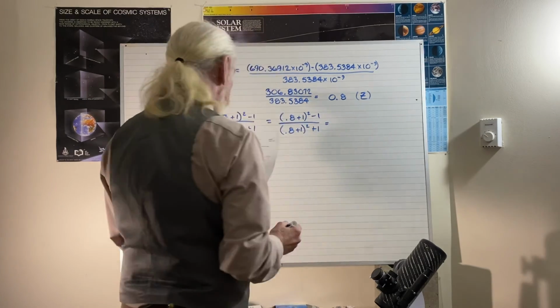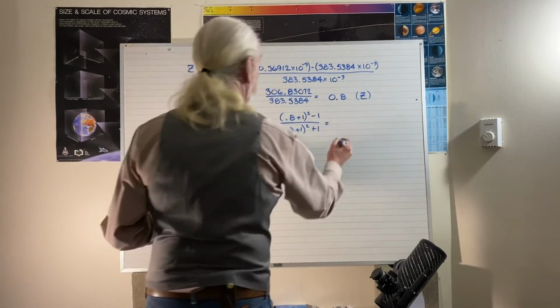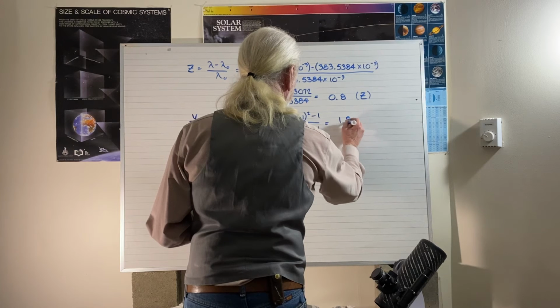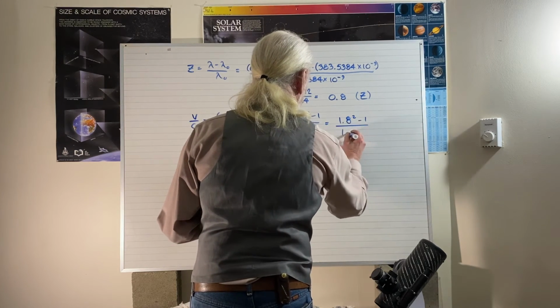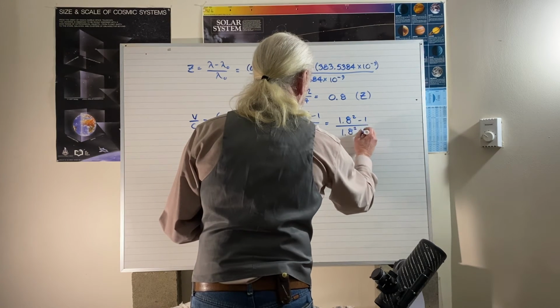And then from here on in, it's just straight arithmetic. So this is going to be 1.8 squared minus 1 over 1.8 squared plus 1.